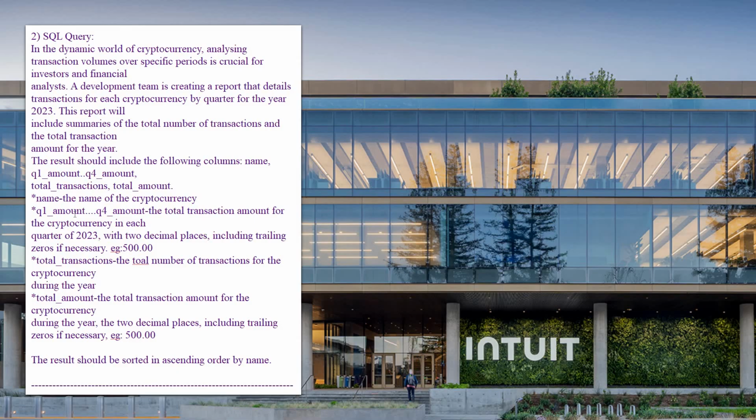For that particular year, you have to display 2 decimal places, which includes trailing zeros, for example 500.00.